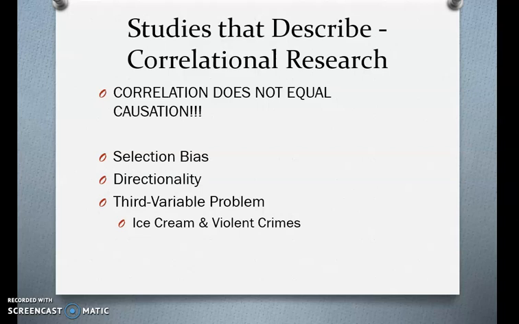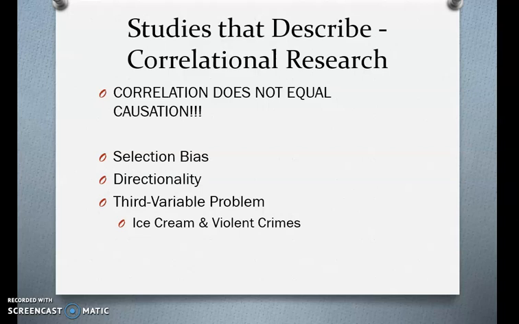That's one explanation. But it could equally be true that violent crimes are causing an increase in ice cream sales. It could be that people who are committing violent crimes are going out and celebrating their violent crimes with a delicious ice cream. Just about as possible as the other one, but it's probably not the real answer. And in fact, there is a third variable that's at play here, which is the variable of temperature.